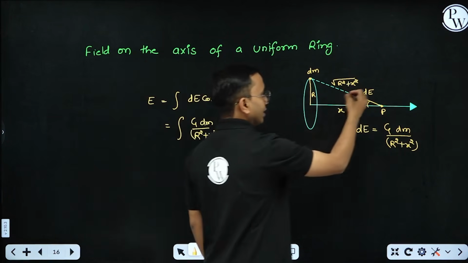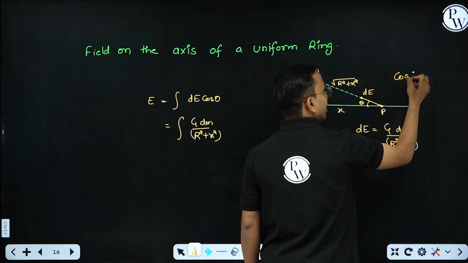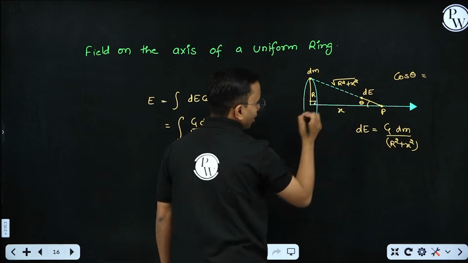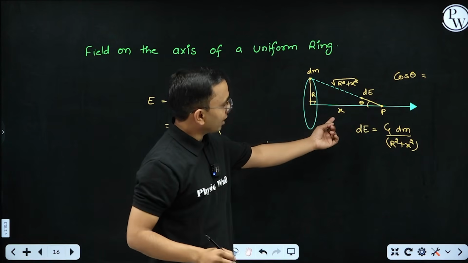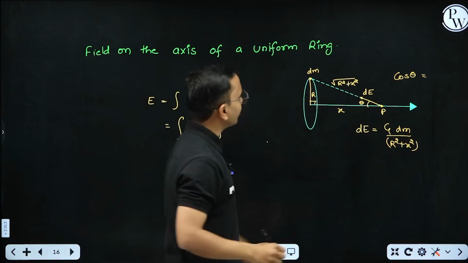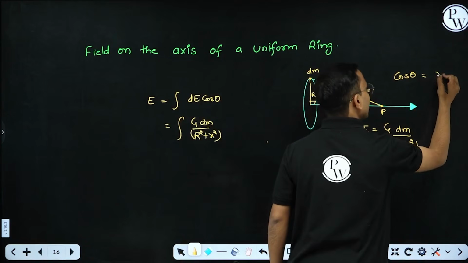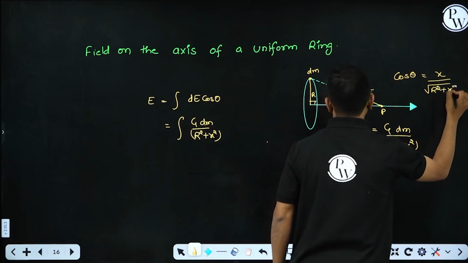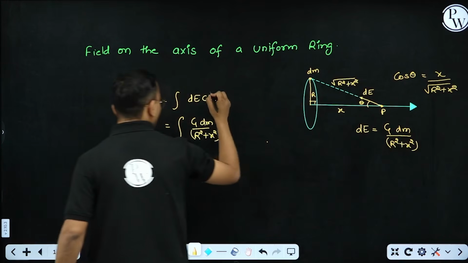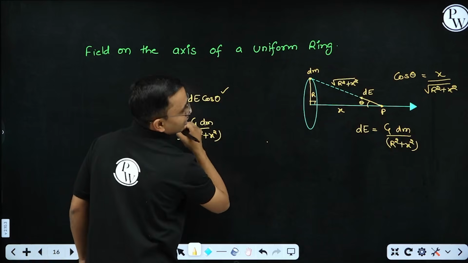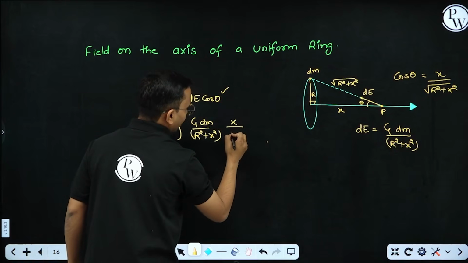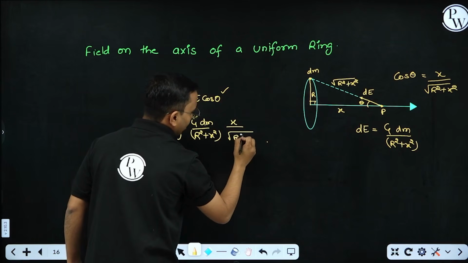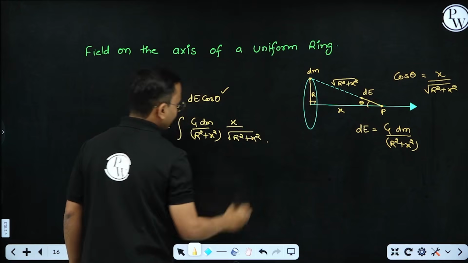What is cos theta in this right angle triangle? Base, that is x, divided by hypotenuse, that is root of r square plus x square. So cos theta is x divided by root of r square plus x square.